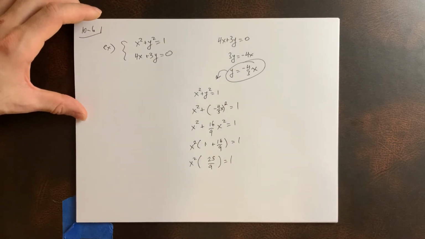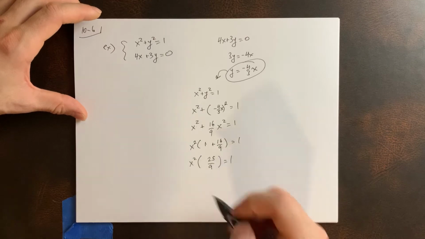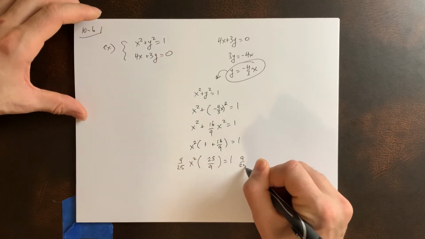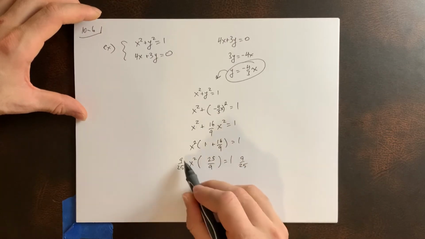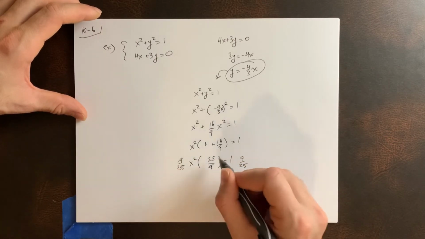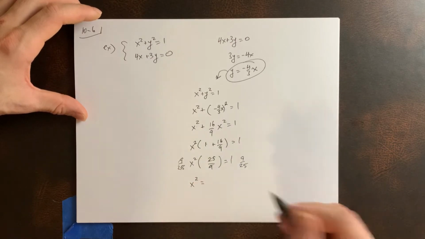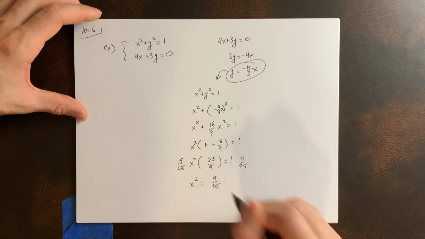Then multiply both sides by 9 over 25. On the left-hand side, the 9's cancel, the 25's cancel, and we just have x squared. On the right-hand side, we have 1 times 9 over 25, which is 9 over 25.